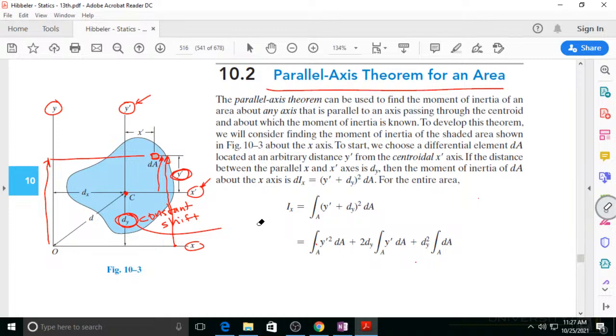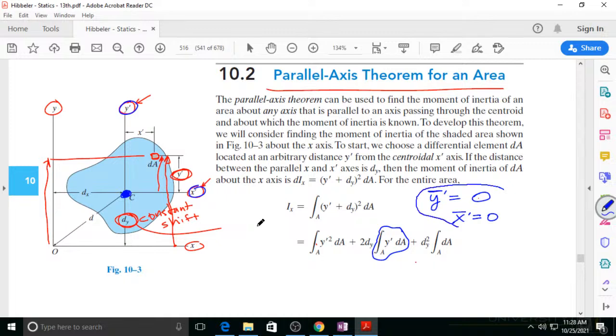So one of the things that's interesting here is this term. Since the y prime and the x prime was placed on the centroid, then if you look for the centroid of an object in which you place the origin on the centroid, you find out this.